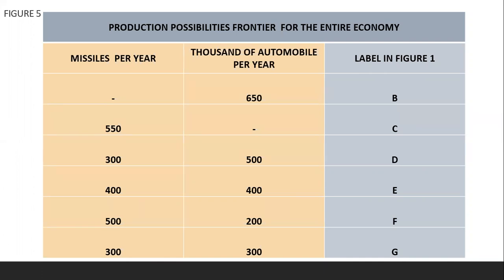If the economy decides to produce 1,000 automobiles, they have to forgo producing missiles. Now, if they forgo producing automobiles, they have to focus on producing missiles. For the third production, they reduce their production from 550 missiles to 300 in order to increase the production of automobiles to 500.